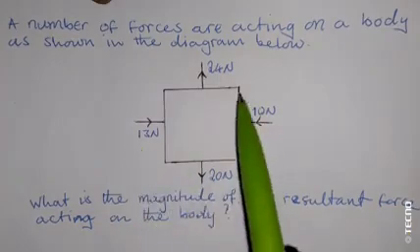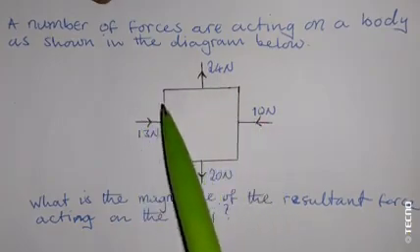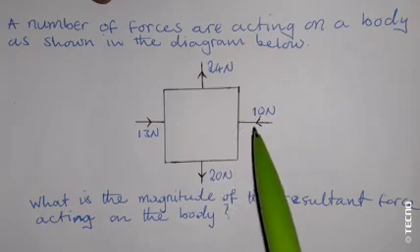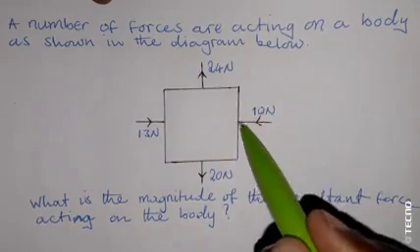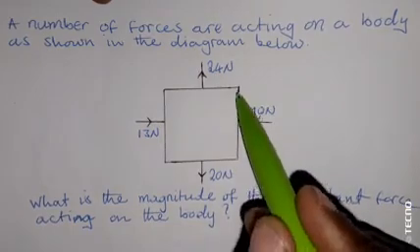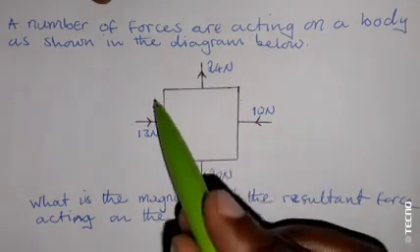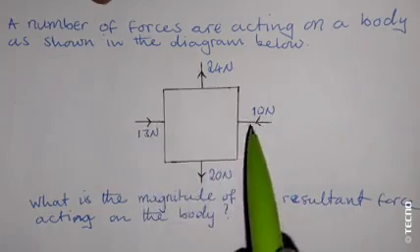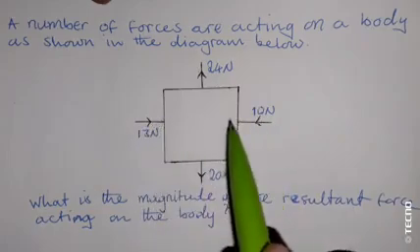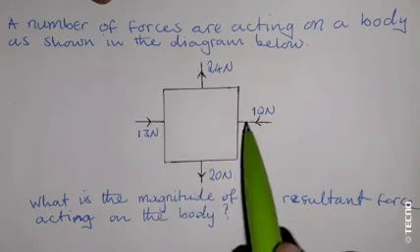As we've seen here, we've got 4 forces acting differently. We have this force here, which is pushing this side. This force and this force are horizontal forces, so we are going to find the difference of the forces on the horizontal side.